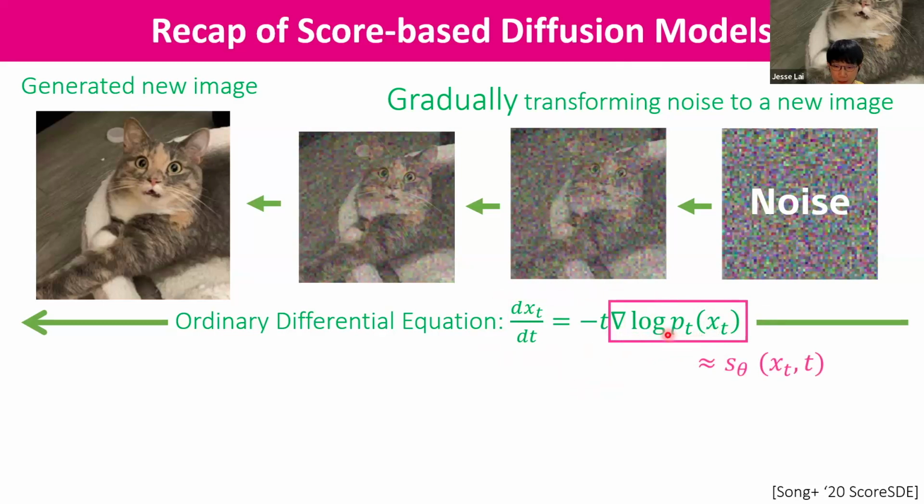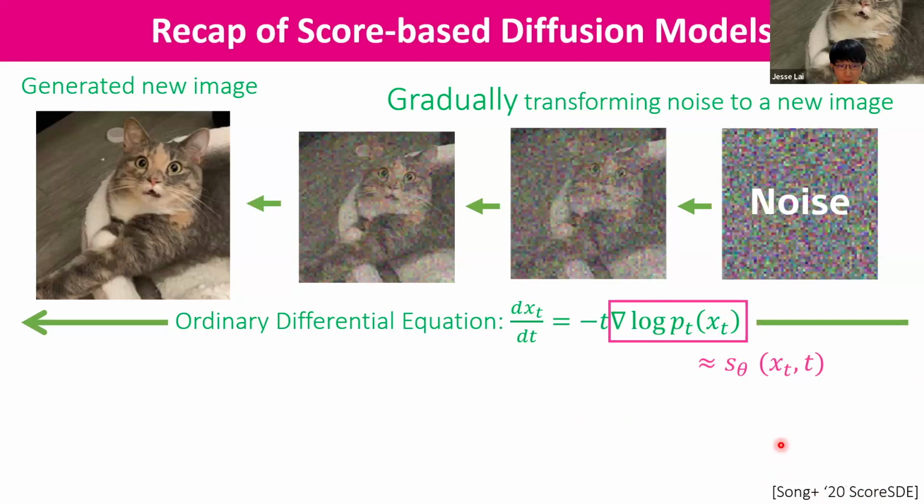And once we learn it, then we replace this score with the neural network parameterized version, initialize with some noise and solve the ODE backward, then we can get a new image. This fantastic stuff is introduced in Yang Song's paper, Score SDE.